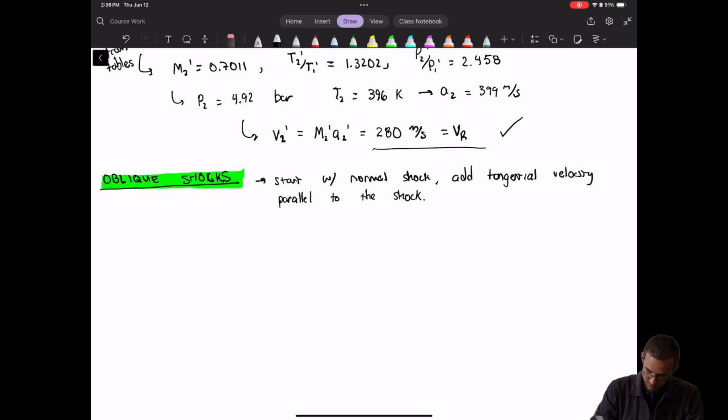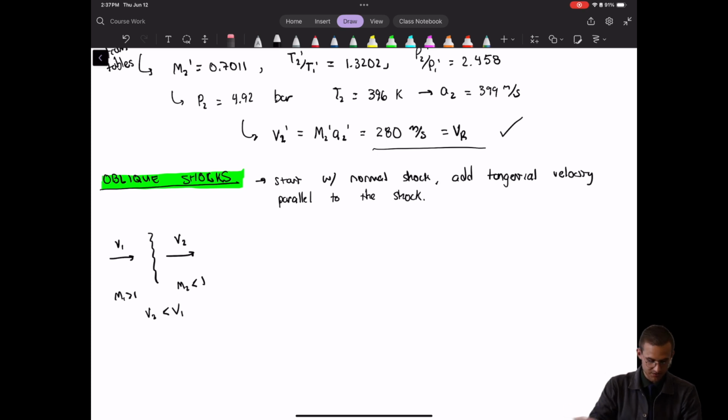Okay, so let's draw what I've just said here. Imagine we have a normal shock here. You have V1 coming in, V2 coming out. Of course, M1 is greater than 1, M2 is less than 1, and V2 is also less than V1.